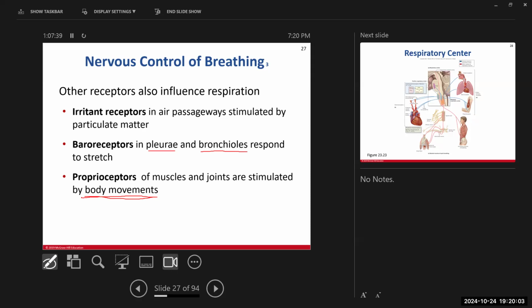But when you start to run, when you're doing vigorous activity like rock climbing, your proprioceptors are firing more, because there's usually an increase in activity. So those receptors will help regulate or contribute to breathing patterns there.